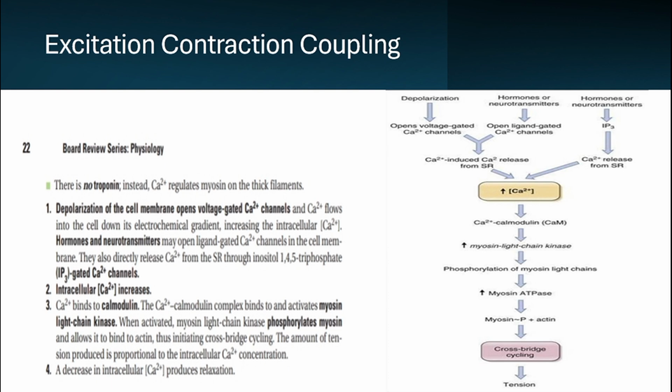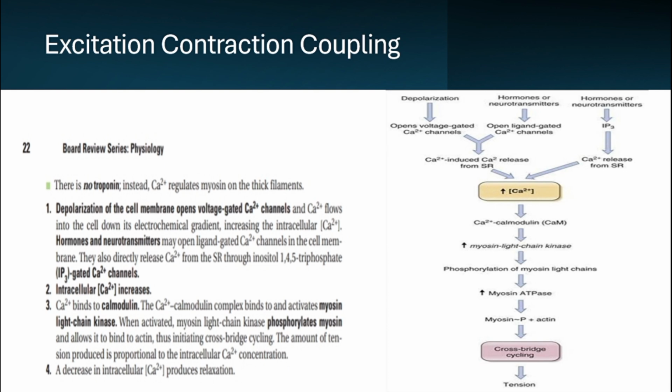The second is the hormones and neurotransmitters. They open the ligand-gated calcium channels in the cell membrane. By both these mechanisms, the depolarization, which opens the voltage-gated calcium channels, and the hormones and neurotransmitters, which open the ligand-gated calcium channels in the cell membrane, the intracellular calcium increases, and this causes the calcium-induced calcium release from the sarcoplasmic reticulum.